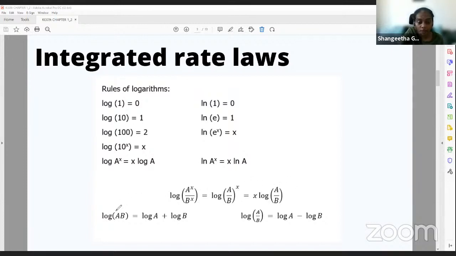When you have log ab, which is times, then you have log a plus log b. And log a over b is log a minus log b. Again, all these are very basic information that you need to know in order to solve questions later on.